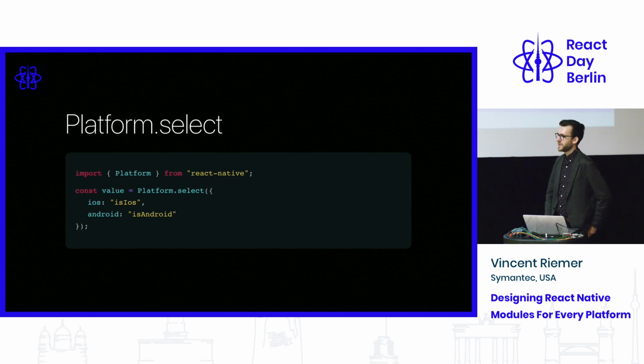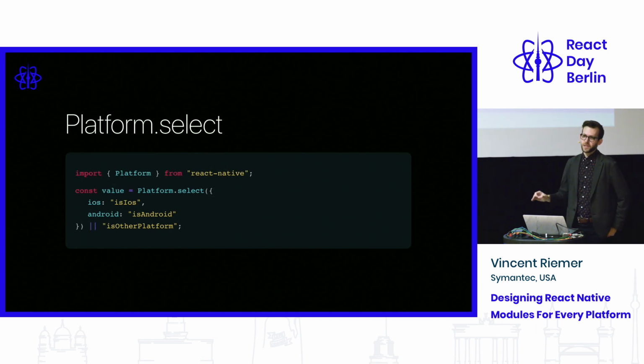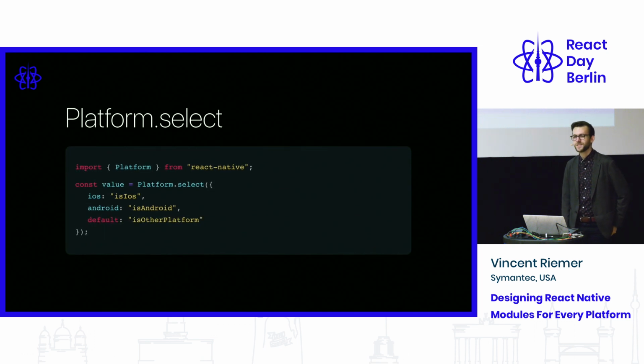I mean, we could get a little hacky with the way JavaScript does coercion, but it's funny because I was actually complaining about it on Twitter and somebody said, "Oh, it already exists." You can actually provide a default key to Platform.select, and part of me wants to build an ESLint thing that says if you're using Platform.select, make sure that you provide a default.